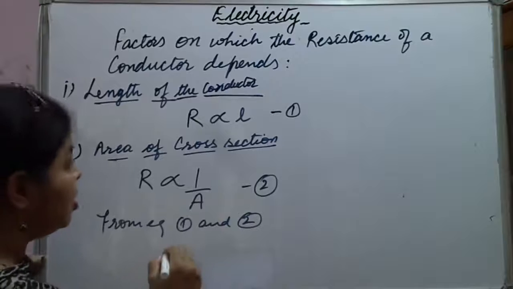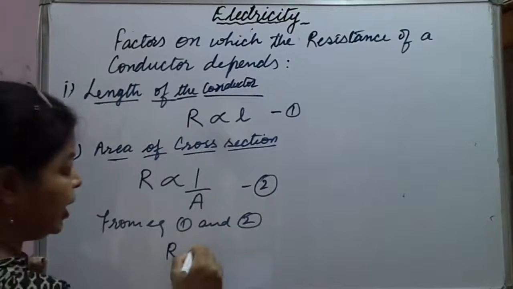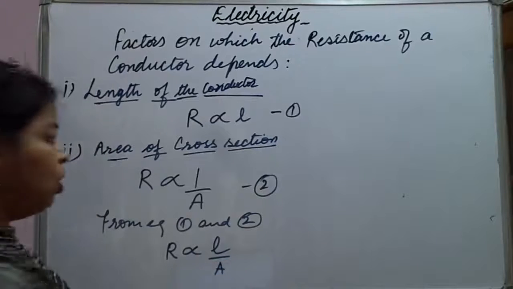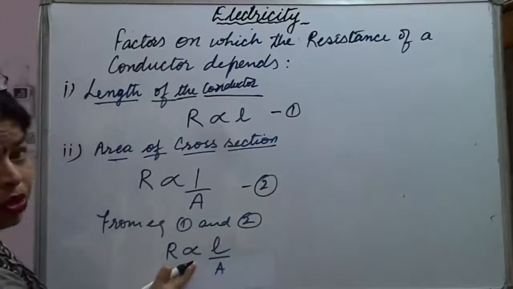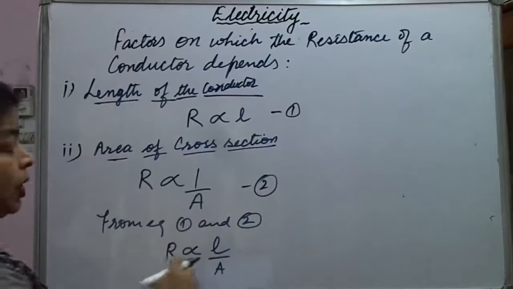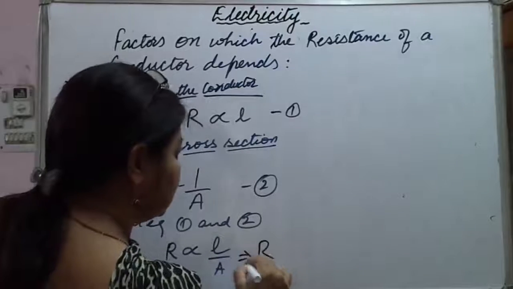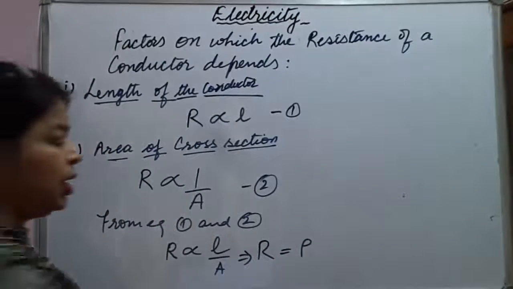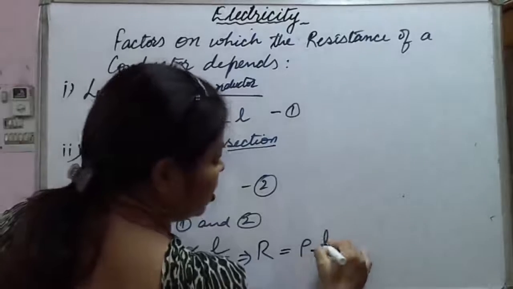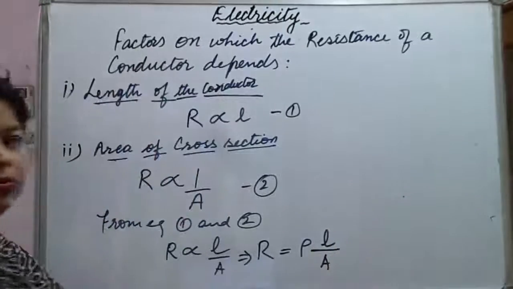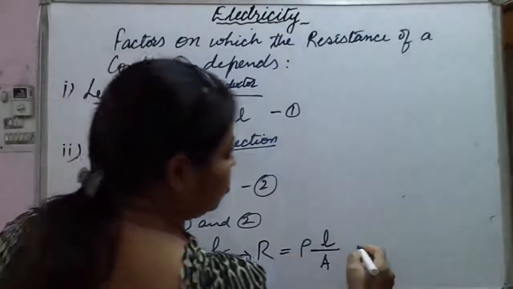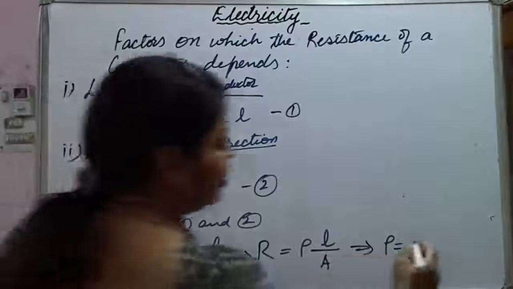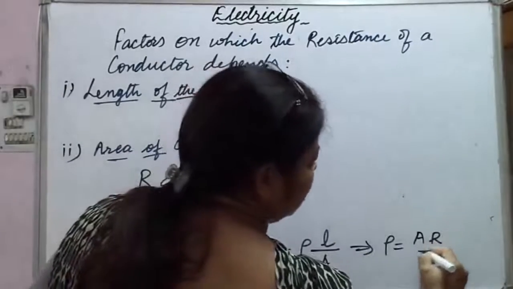It is directly proportional to L upon A. We can write like this. Or if we have to remove the sign of proportionality, what will we do? We will put a constant, R is equal to rho, the Greek letter, L upon A. So to find out rho, rho is equal to A into R upon L.